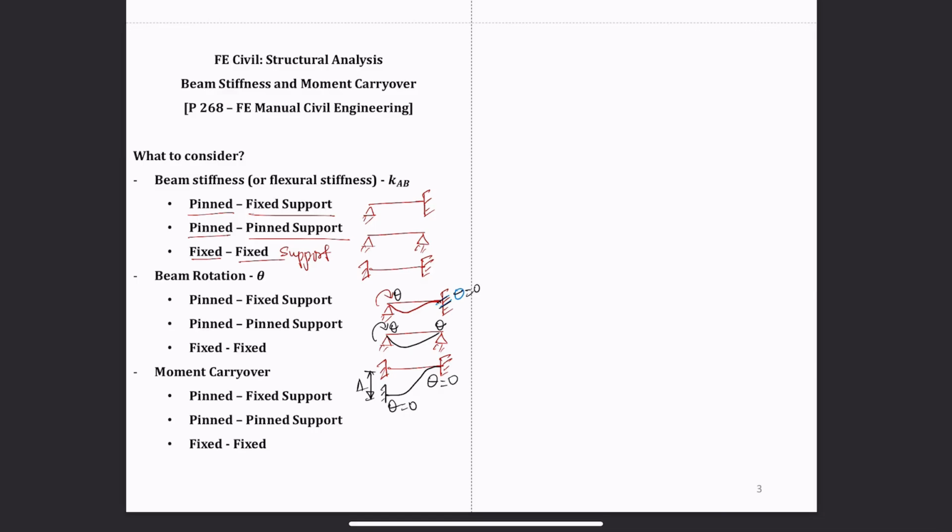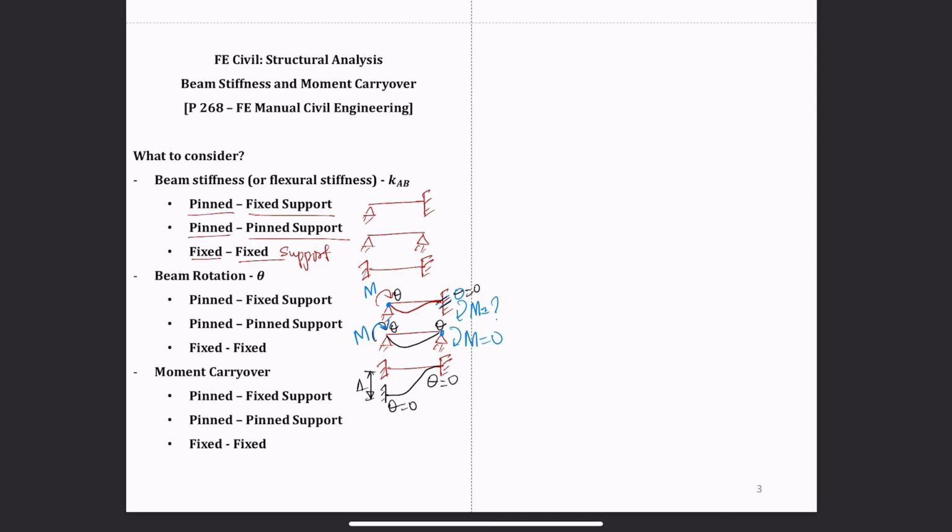And then we are also going to see the moment carryover. For example, in a pin and fixed, if this is the moment you apply on the beam at the pin support, then the question is how much is going to carry over or be redistributed to the fixed support. And if this is the moment M you apply on one support, then how much will be carried over to the pin support?